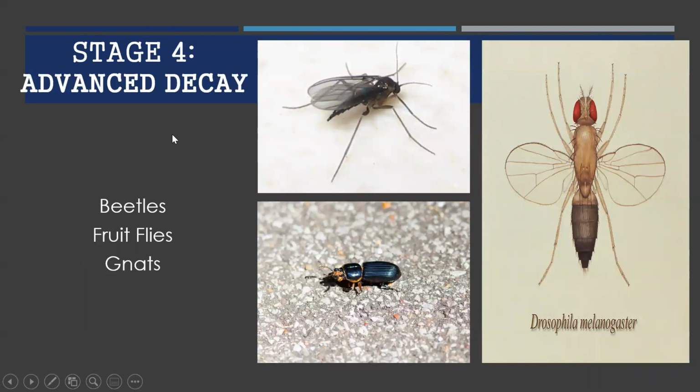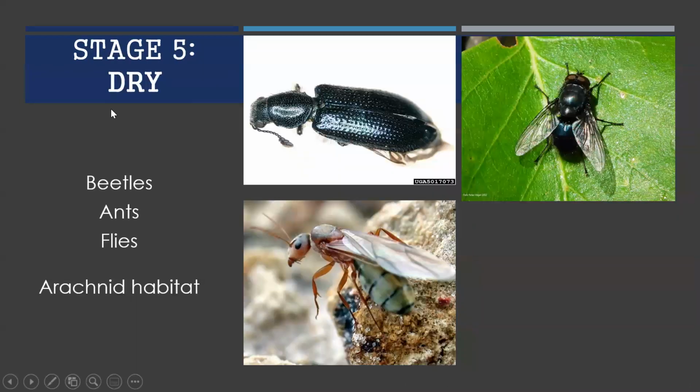During the advanced stage of decay, the insect population starts to lessen. You may still have some flies, maybe some smaller insects like fruit flies and gnats, and you may still have some beetles, but not nearly the amount you had during the active decay. And then during the dry stage, it's not so much of an insect buffet, if you will, because there's not really flesh left.